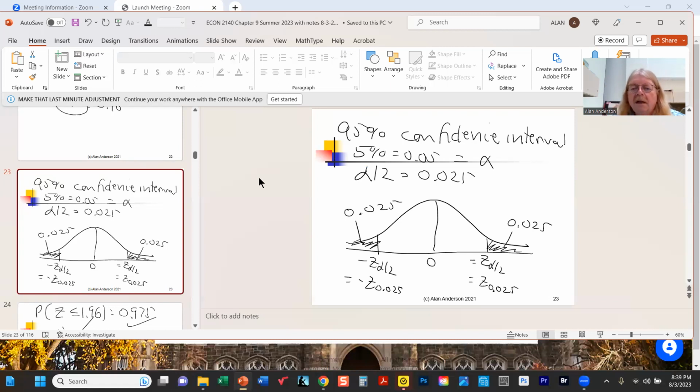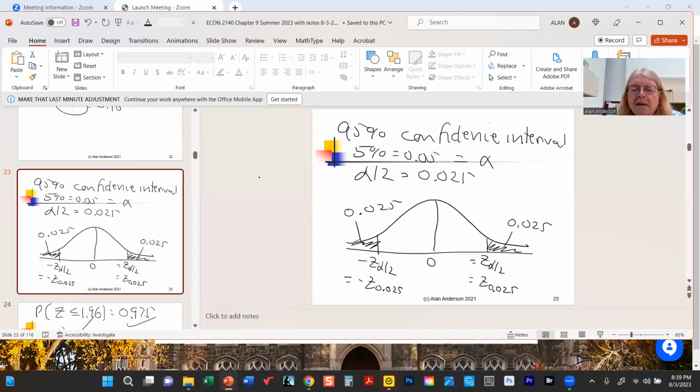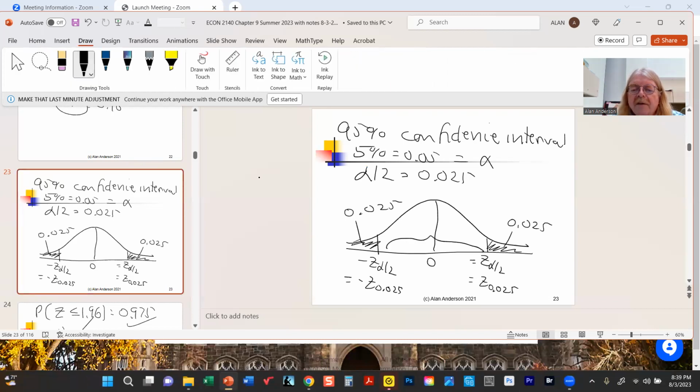In other words, everything in between has an area of 95%. Because now you can see that 0.025 plus 0.95 plus 0.025 in the left tail have to add up to 1, and they do. So now the question is, where do we find the z-score, or standard normal random variable that corresponds to a right tail of 0.025, or equivalently, a left tail of 0.975?